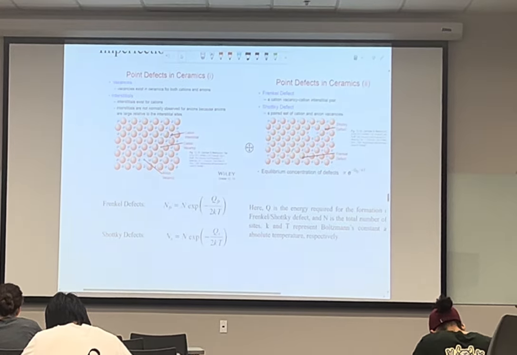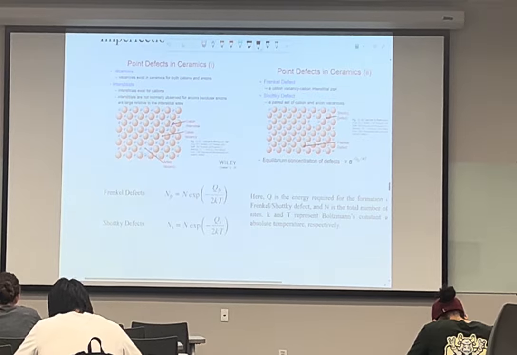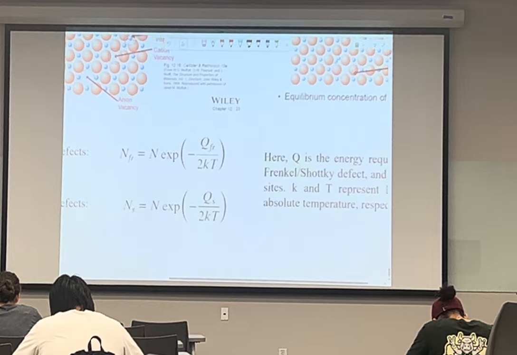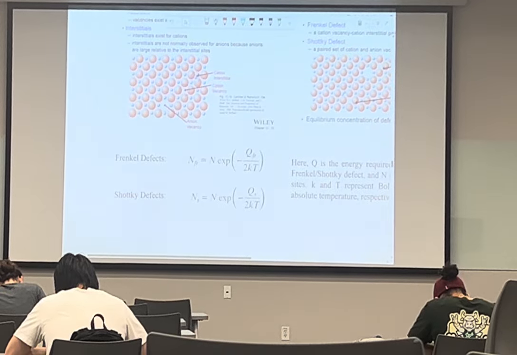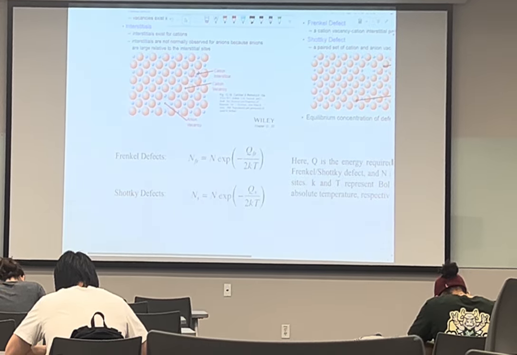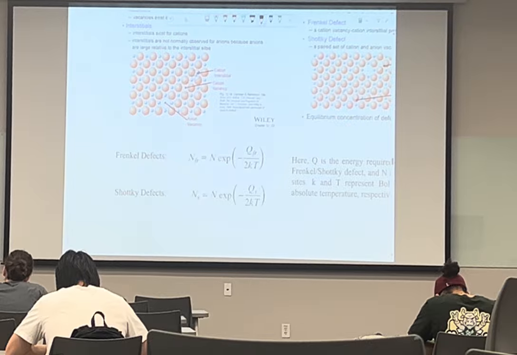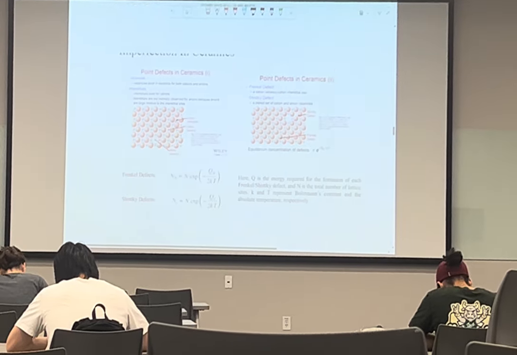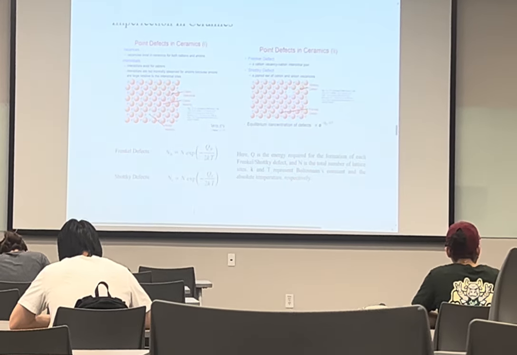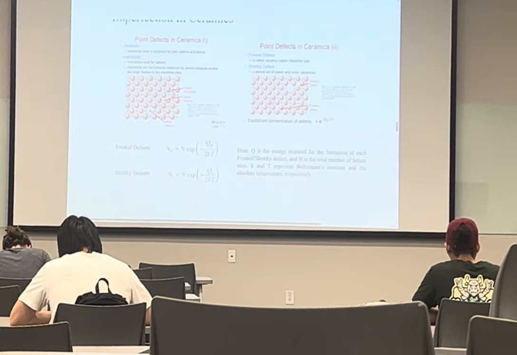So how do we calculate or determine how much defects we have in our network? You are familiar with this type of formula that I've said before, and it's basically the same. We use the same method.